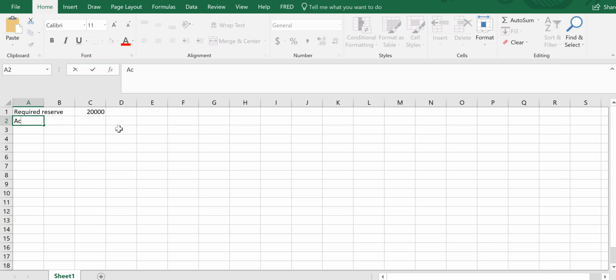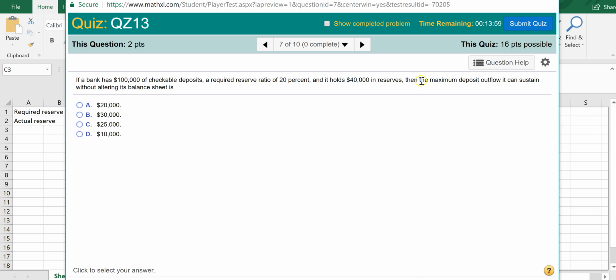But the actual reserves is more than that, right? It's actually double, 40,000.